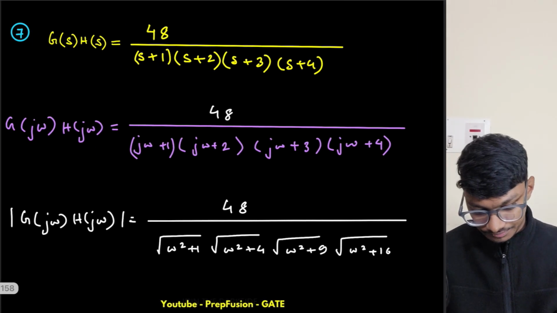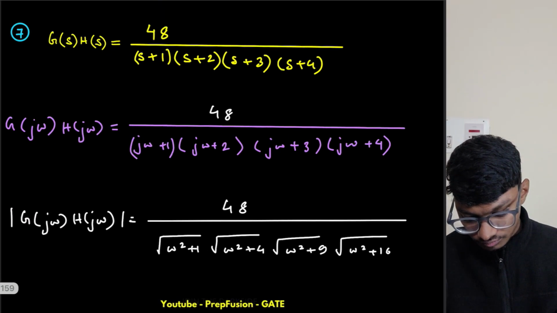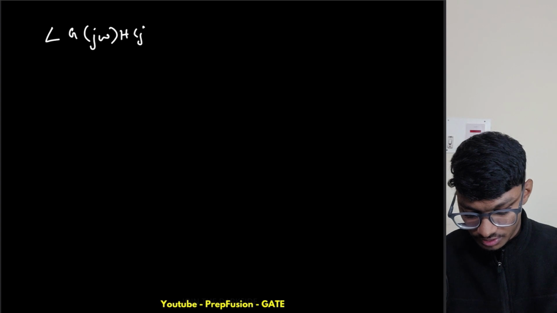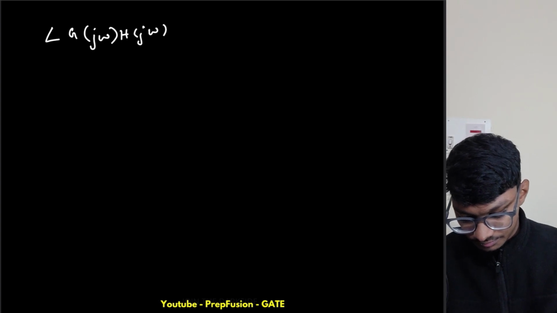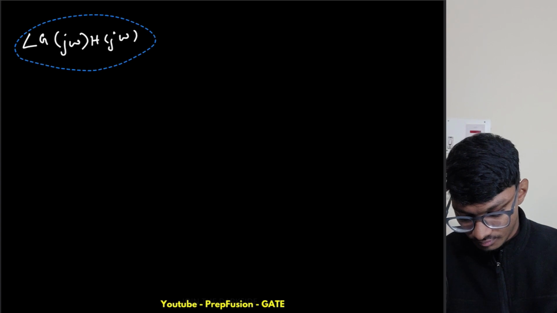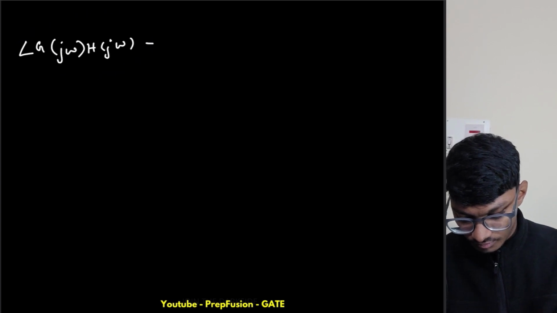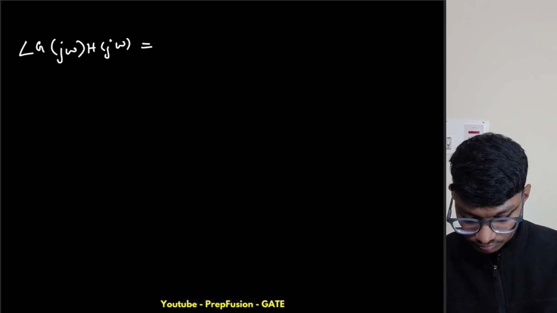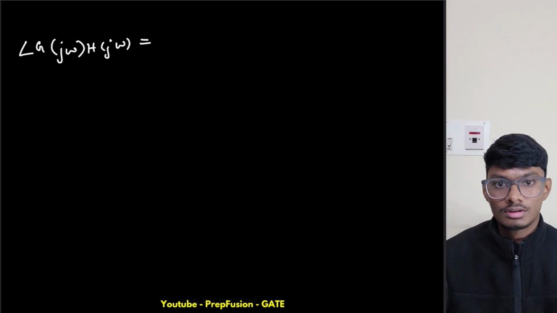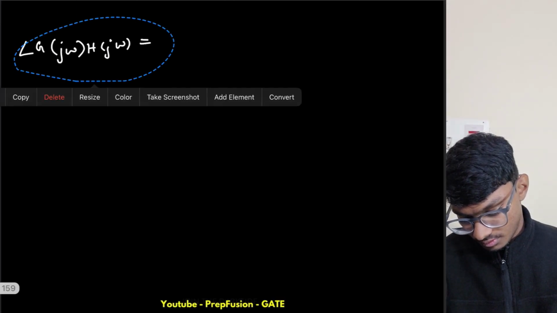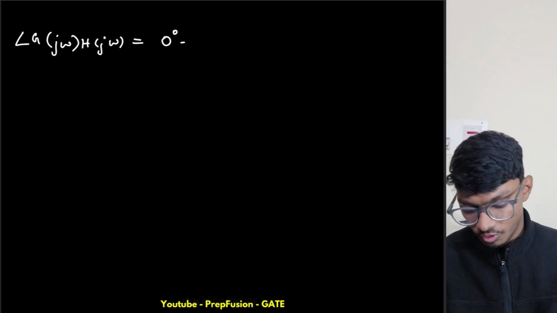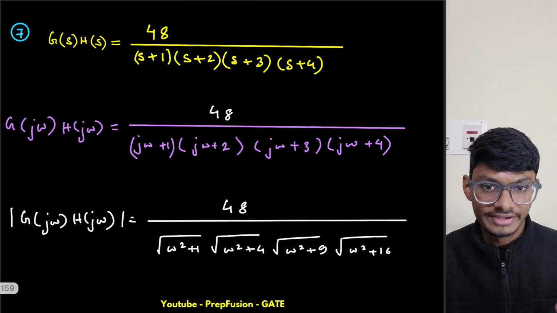Now what is the angle? I won't copy the angle anymore, I will just write it directly, angle of g of j omega h of j omega. What is the angle this time? We don't have a numerator angle, it is 48 only, and the angle of 48 with respect to the positive real axis is 0 itself.